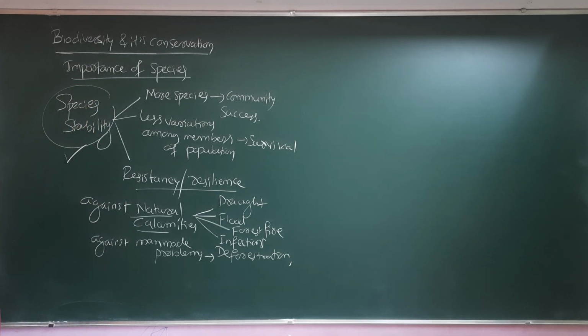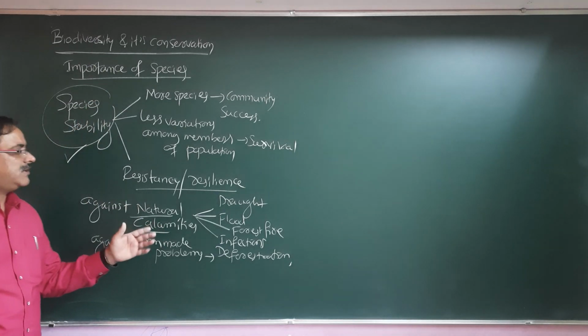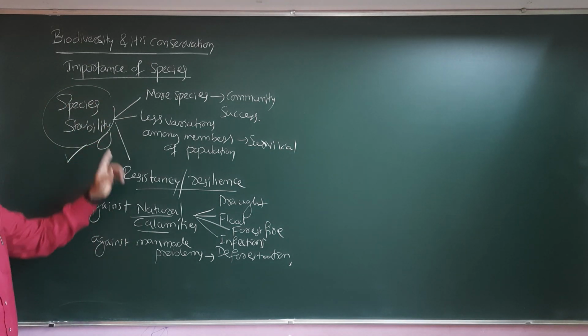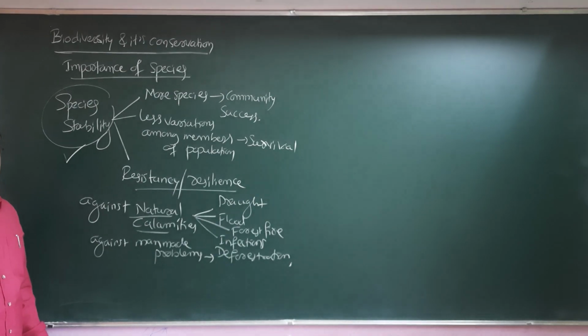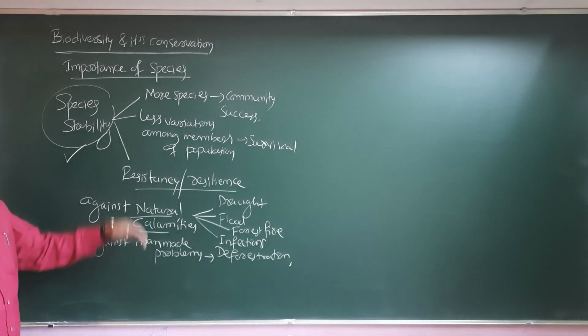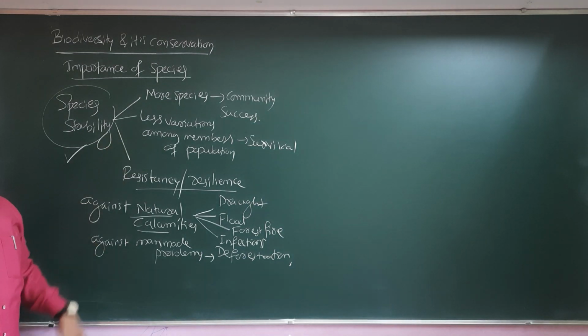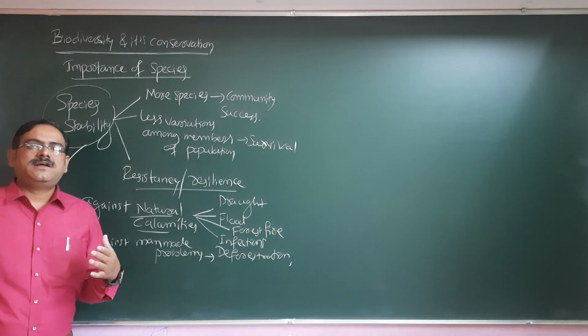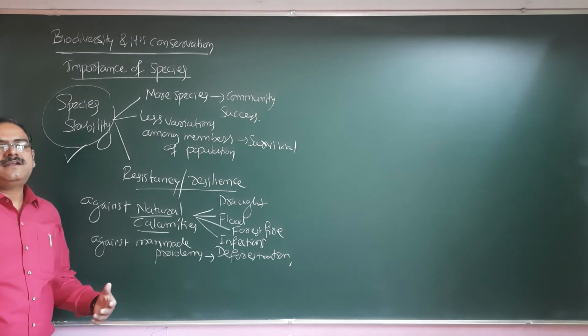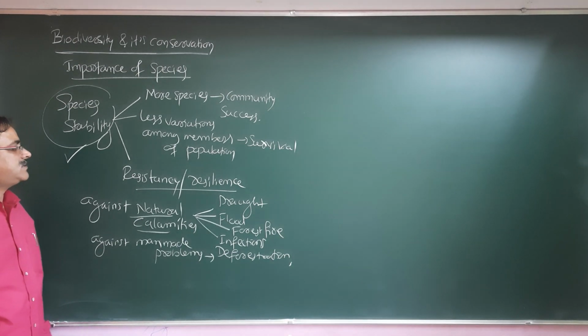So species stability depends mainly on a greater number of species, so community success; and less variation among the members of a population, so consistency is maintained. The regular characteristics are well maintained and they can inherit the better characters to the next generation also.